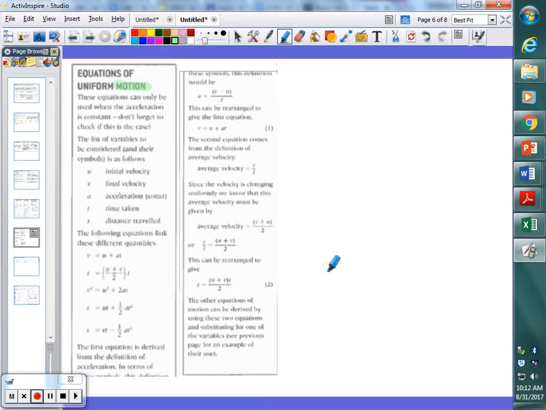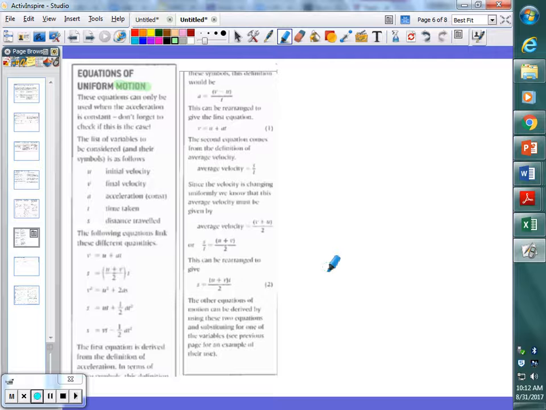This is broken up kind of weird in your packet because the book was kind of broken up weird. I tried to group these things together here so we can talk about the same things. So when it says equations of uniform motion, the uniform motion requires that it's uniform acceleration. Okay, the acceleration has to be constant.